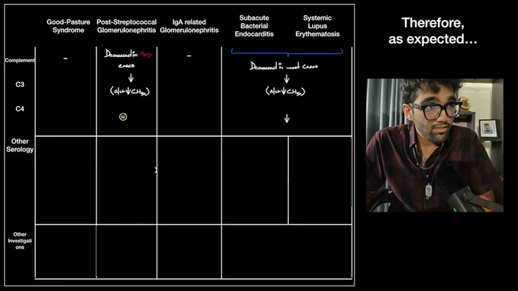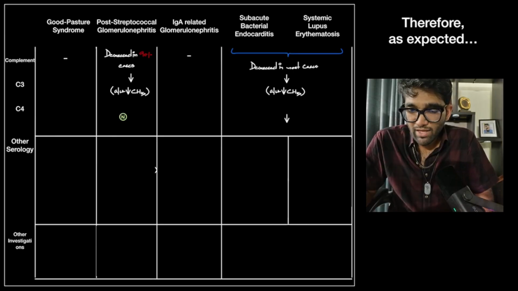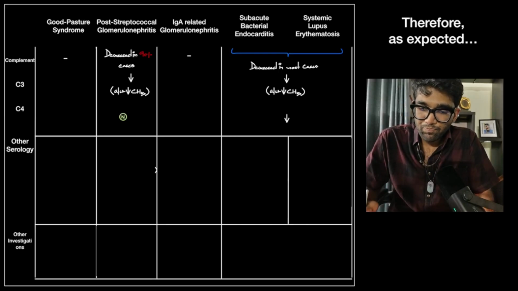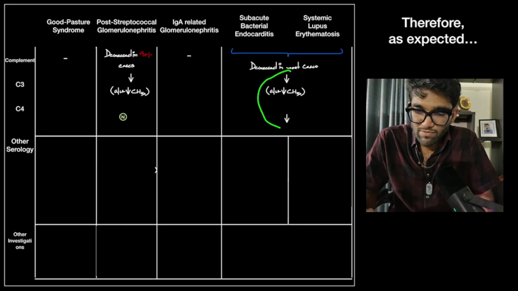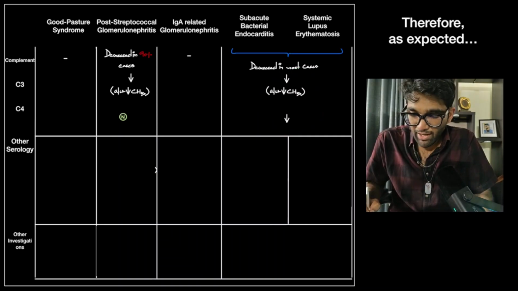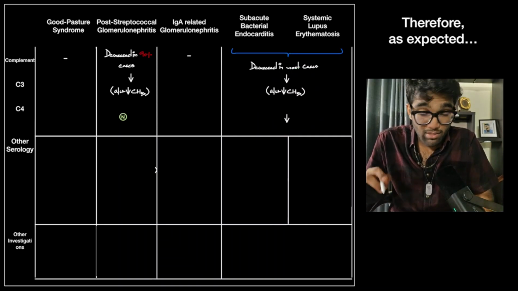IgA glomerulonephritis almost exclusively has normal complement levels, and subacute bacterial endocarditis and SLE almost universally have a decrease in complement levels. Now, in subacute bacterial endocarditis as well as SLE, it is both C3 and C4 that are decreased, and in post-streptococcal glomerulonephritis, you have an isolated reduction in C3, and this is a little counterintuitive.